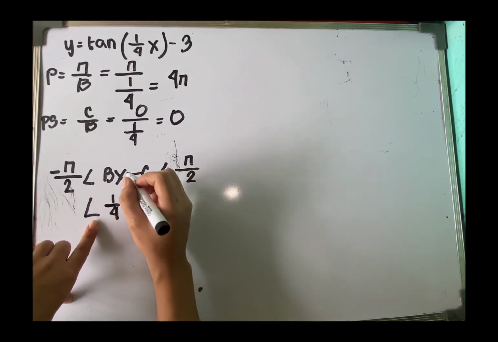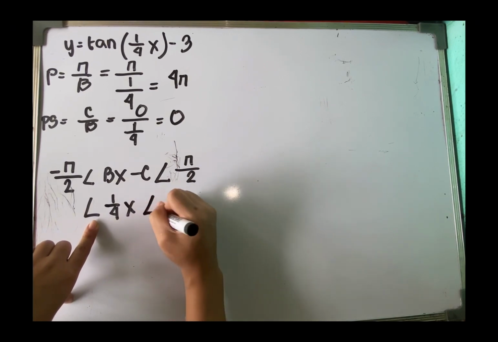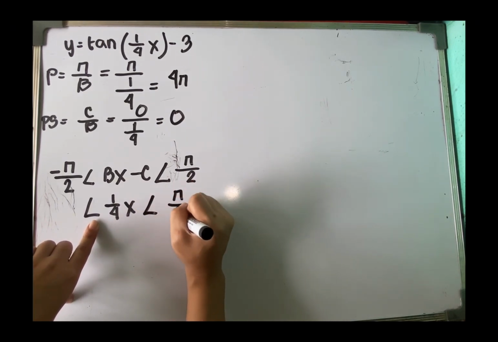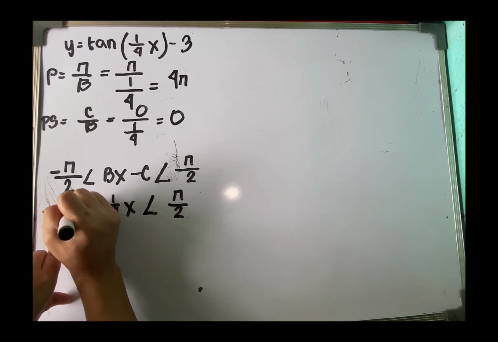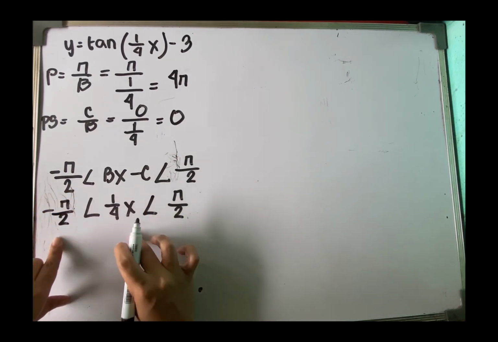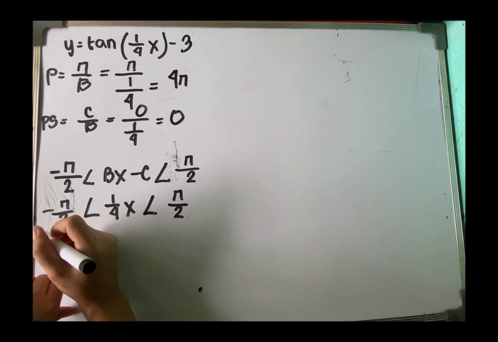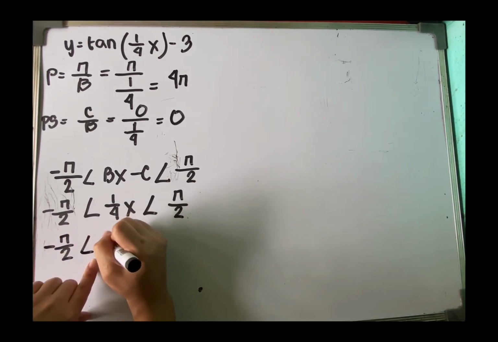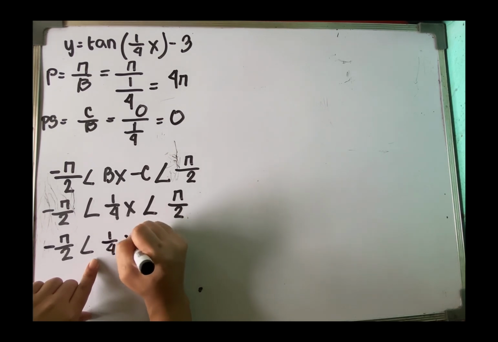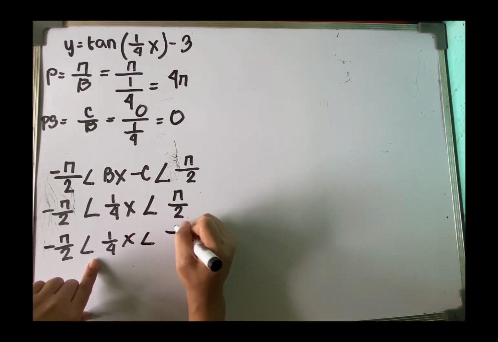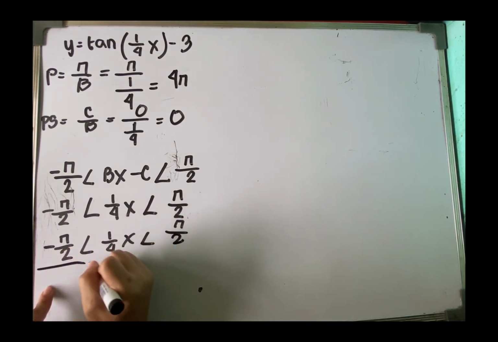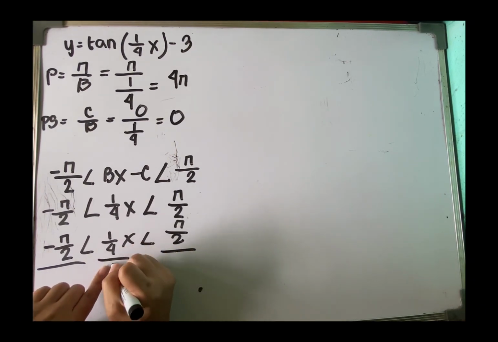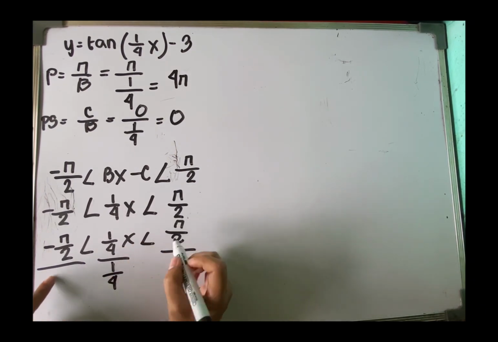Then copy the outer pi over 2 and negative pi over 2. To get rid of the middle first, copy the negative pi over 2, copy the 1/4 x less than pi over 2. Then you have to divide all sides by 1/4.